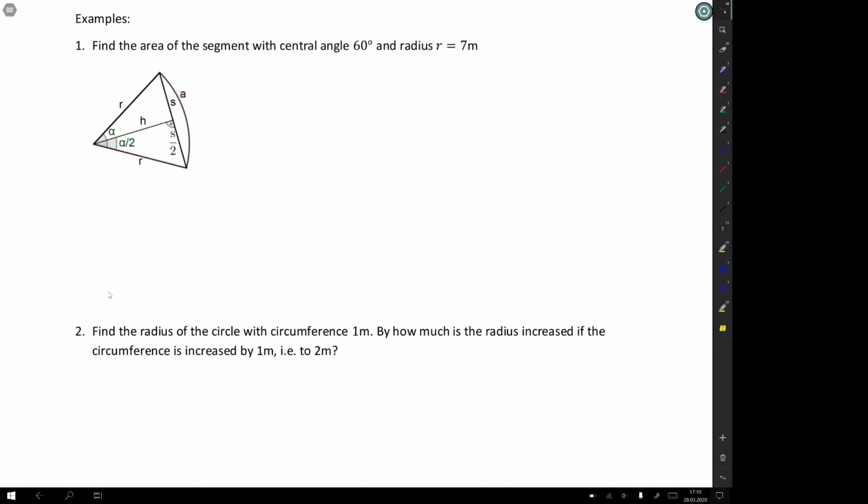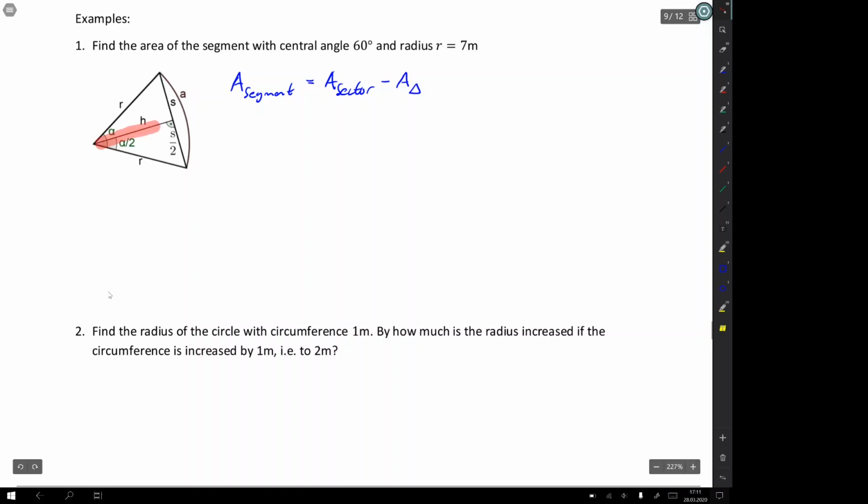In example 1 we want to find the area of this segment here. We find it as the difference between the area of the sector and the area of the triangle. The triangle is an isosceles triangle, ein gleichschenkliges Dreieck, with base S here, and the leg, Schenkel, is R. The angle alpha here is 60 degrees.